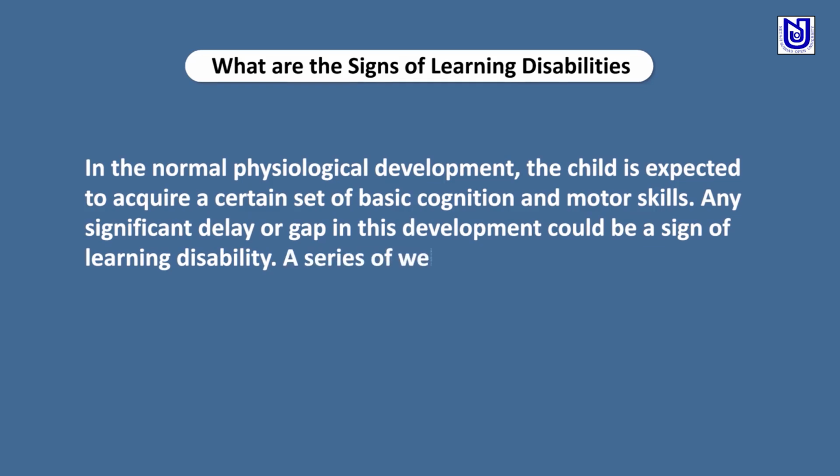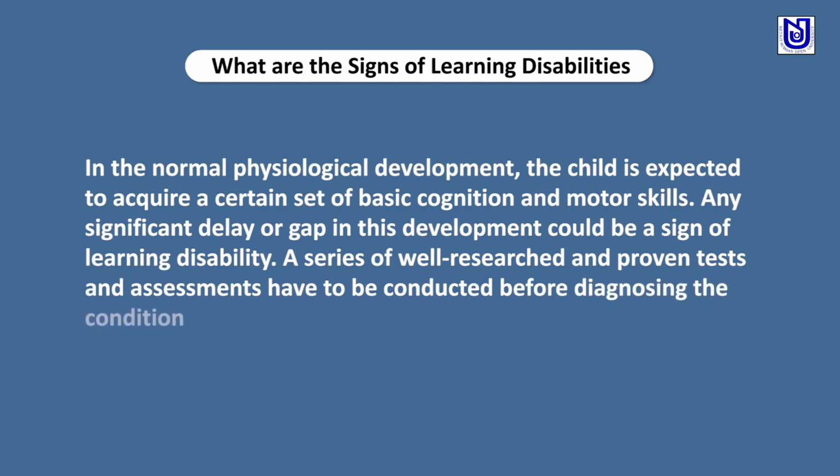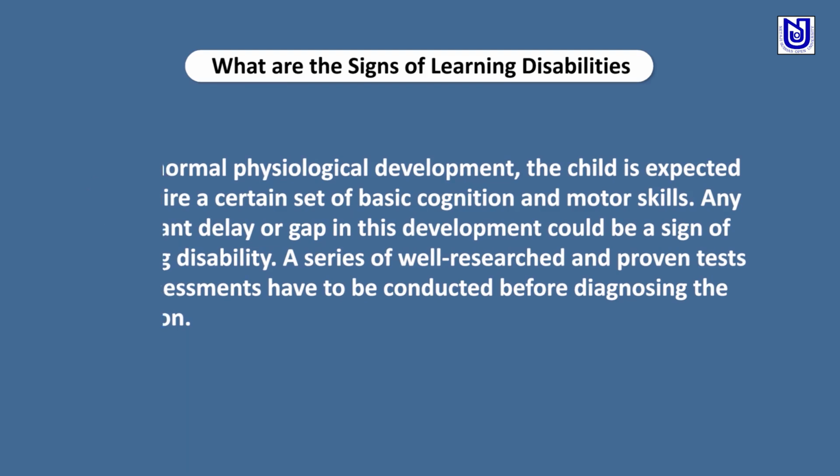A series of well-researched and proven tests and assessments have to be conducted before diagnosing this condition. We definitely need a proper diagnostic test before we label a child as dyslexic or as having a specific learning problem.